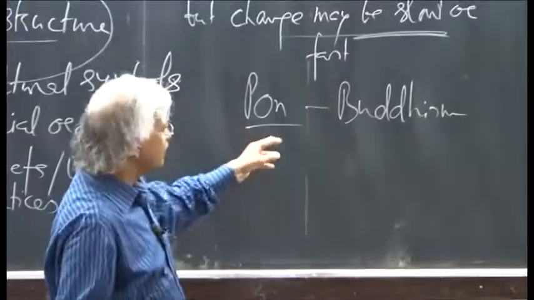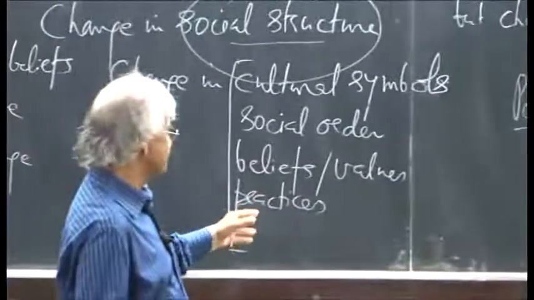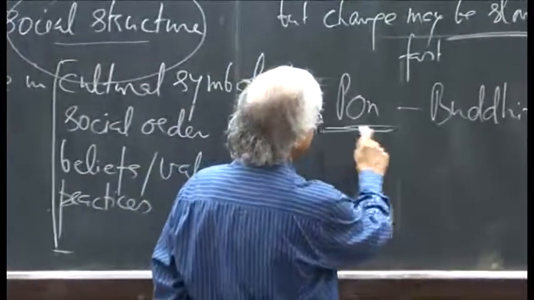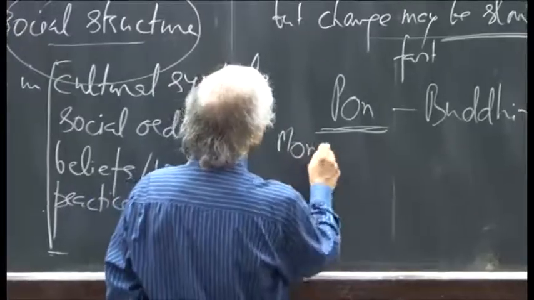Now, when they got converted to Buddhism, everything changed. Social order, beliefs, values, practices. When they believed in Pon, they also had a greater relationship with Mongolia.